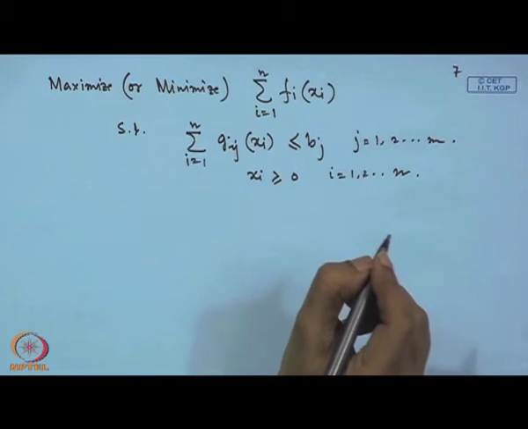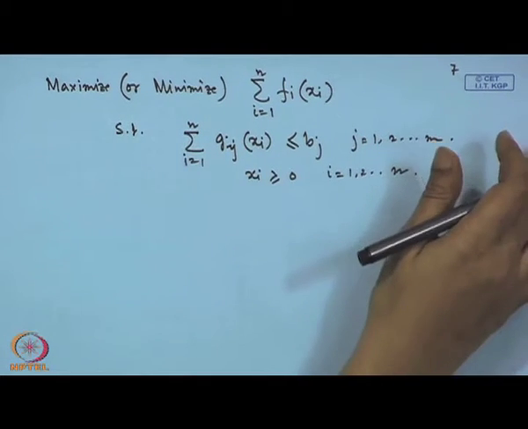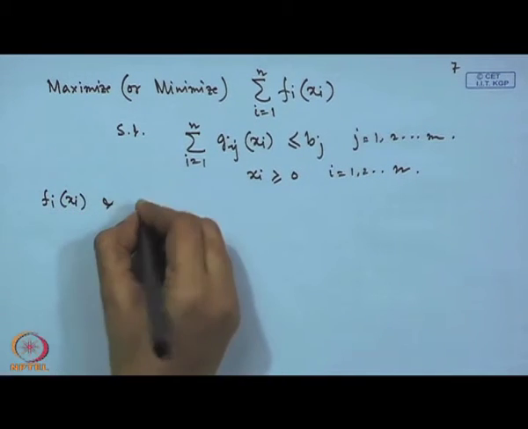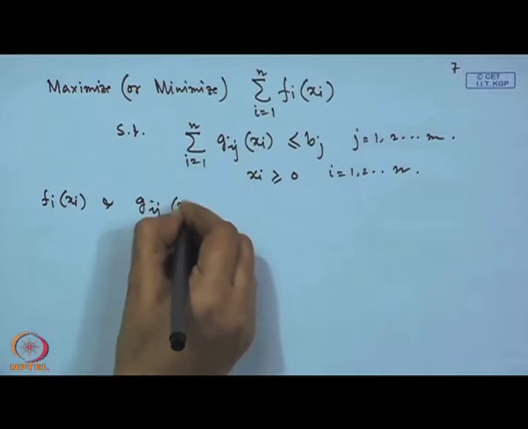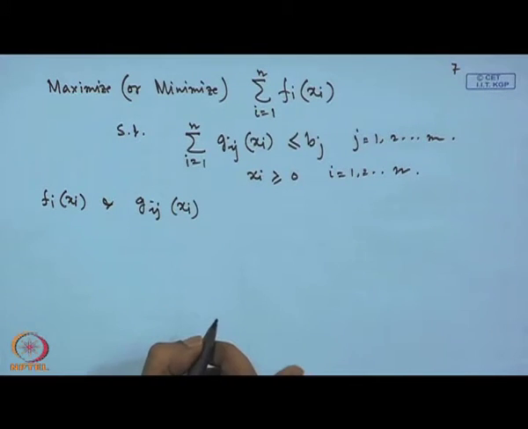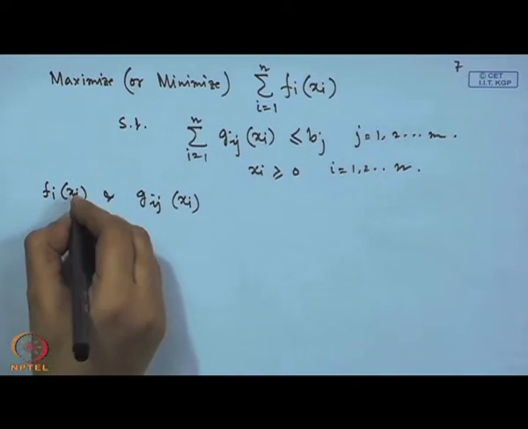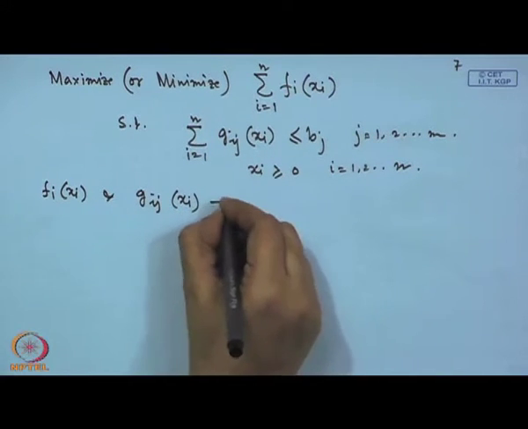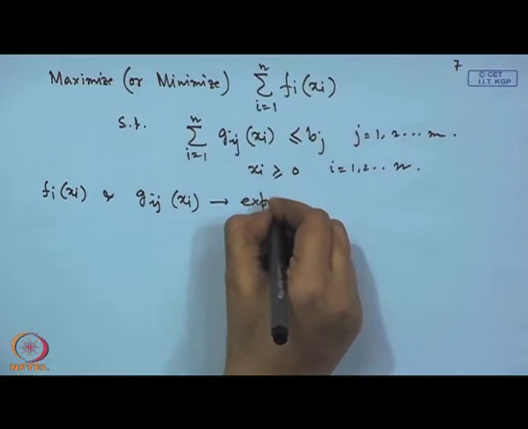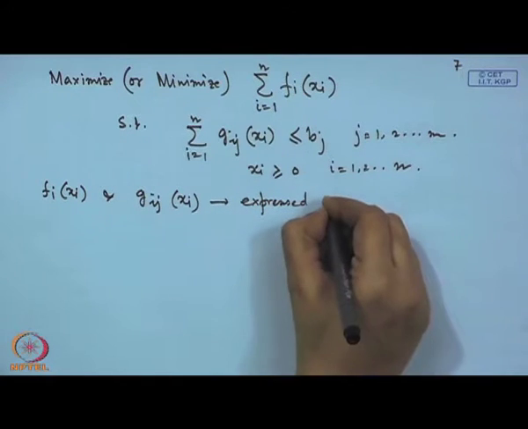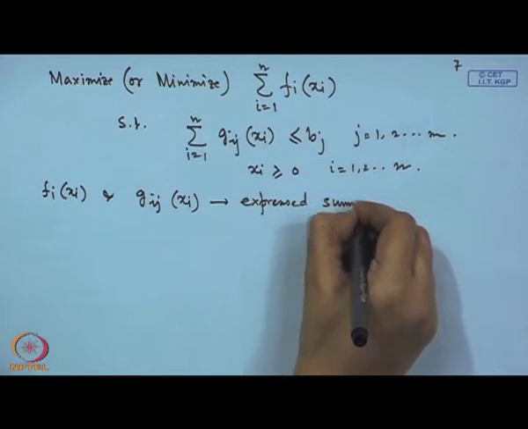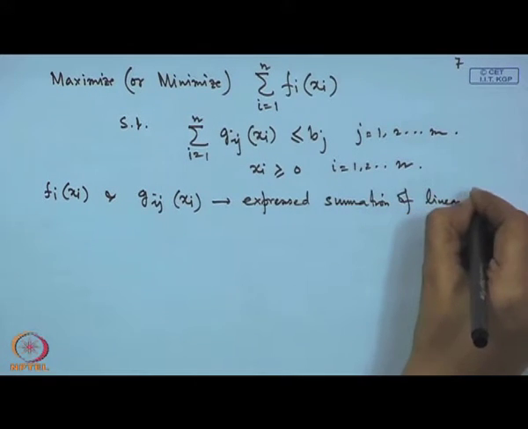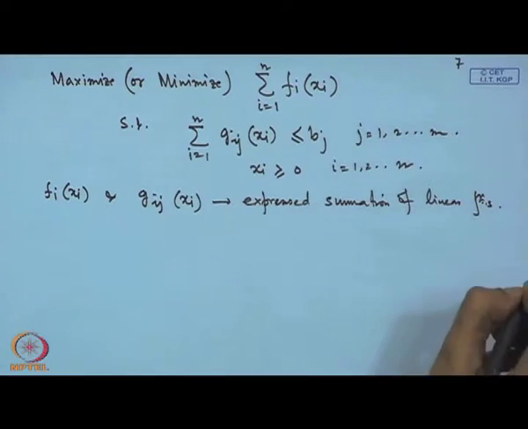Now, by applying the previous procedure, each f_i(x_i) and g_ij(x_i) are nonlinear functions of individual decision variables. Thus, this can be expressed as a combination of summation of linear functions, just like before.